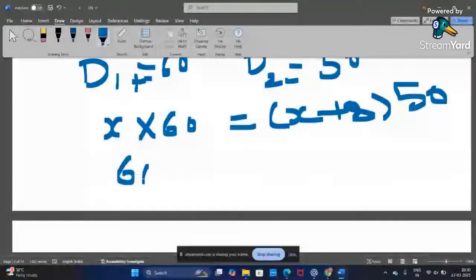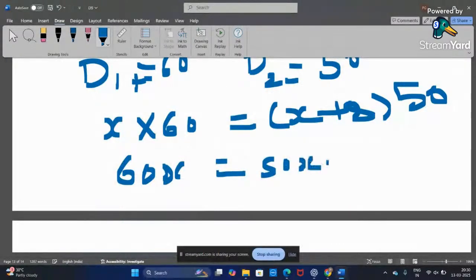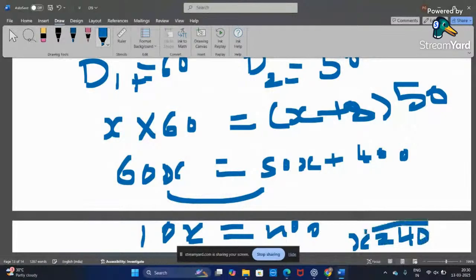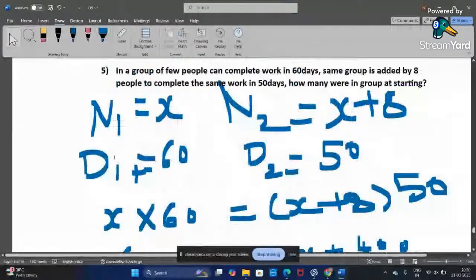So it is 60X equals 50X plus 400. When we calculate this, we get 10X equals 400. So the X value is 40. That means initially there were 40 people in the group.